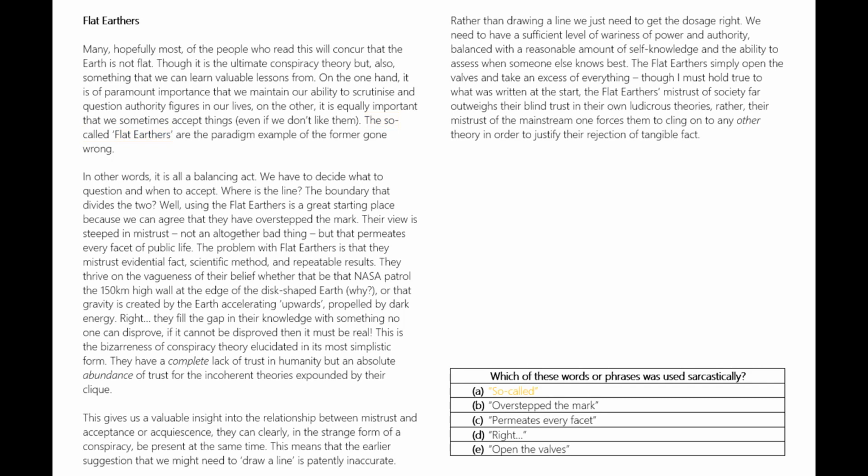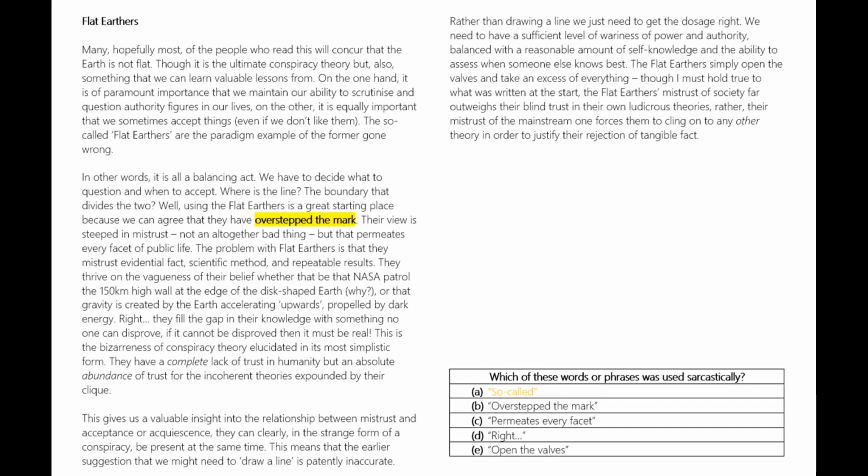So, it's a possibility. Then there's B, overstep the mark. Now, this term is used in the second paragraph to, I think, express, unironically, the author's view that flat earthers have gone too far in their conspiracy. It seems to be intended to be read at face value, with no double entendres or anything like that. So this can't be right.